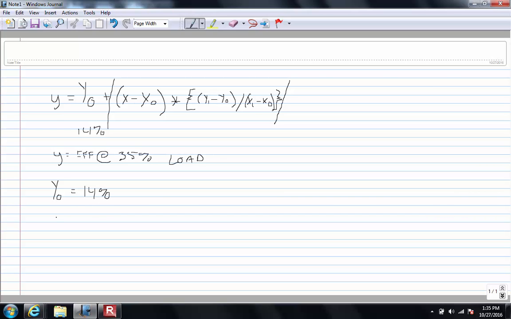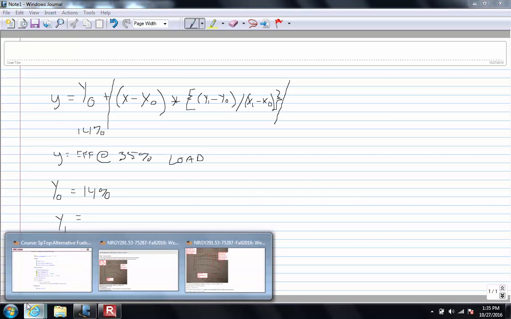So now we need to find Y1, which is also in that equation, and Y1 is where our 50% line intersects, and it looks like it's right at 23%.